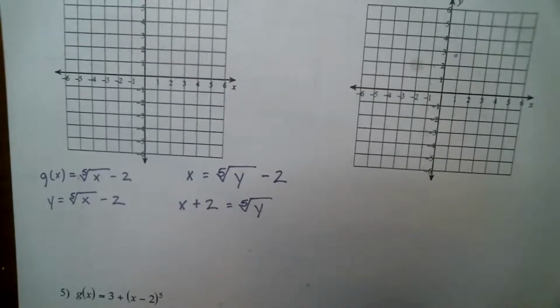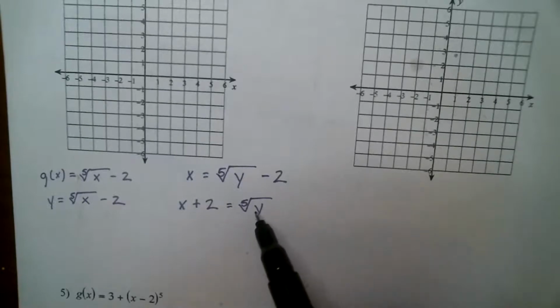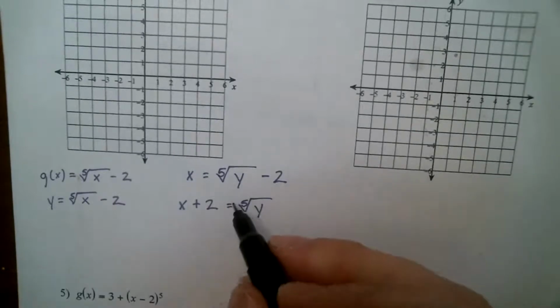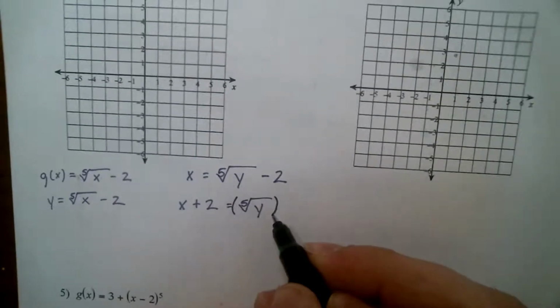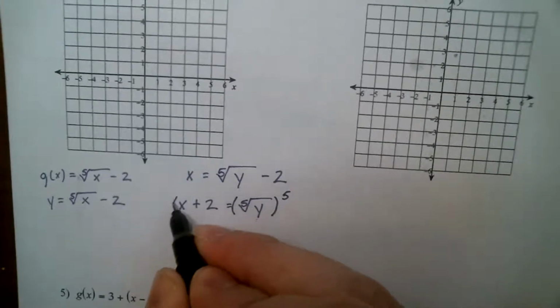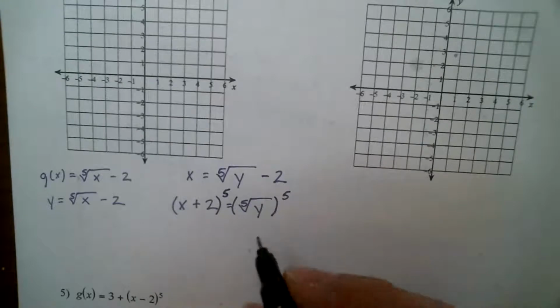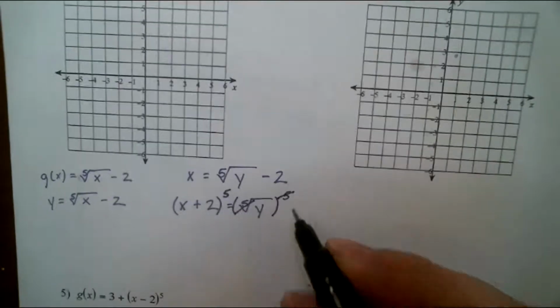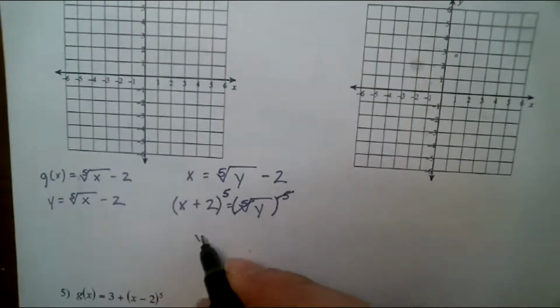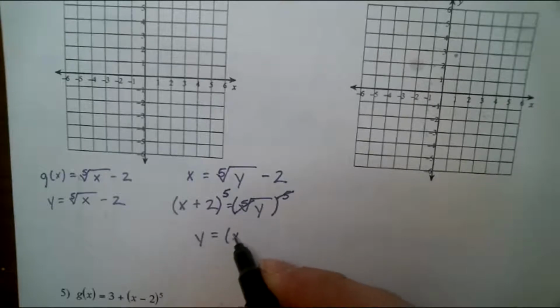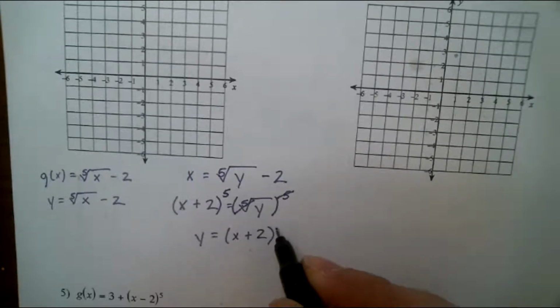All right, so the only way to isolate y right here is to take the fifth root of both sides. So then the fifth root and the 5 cancel, and I'm left with y equals x plus 2 to the 5th power.